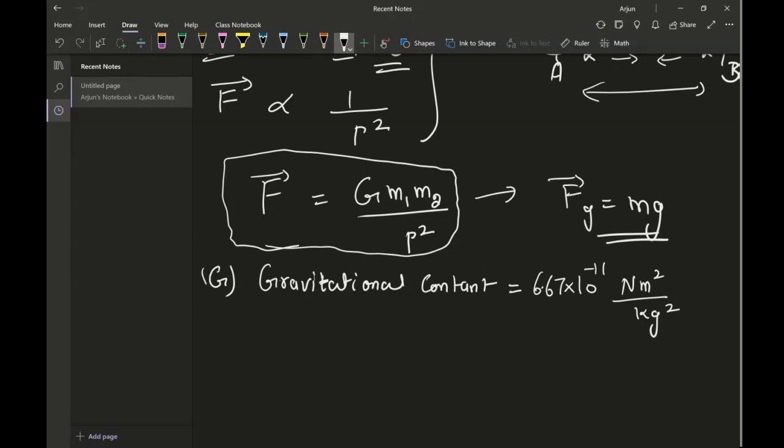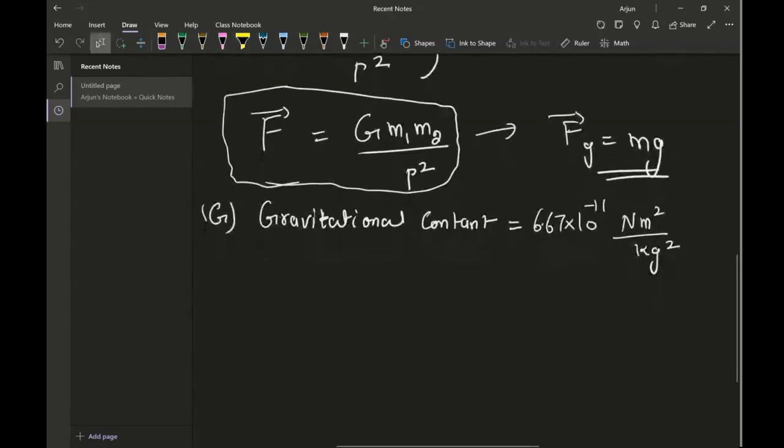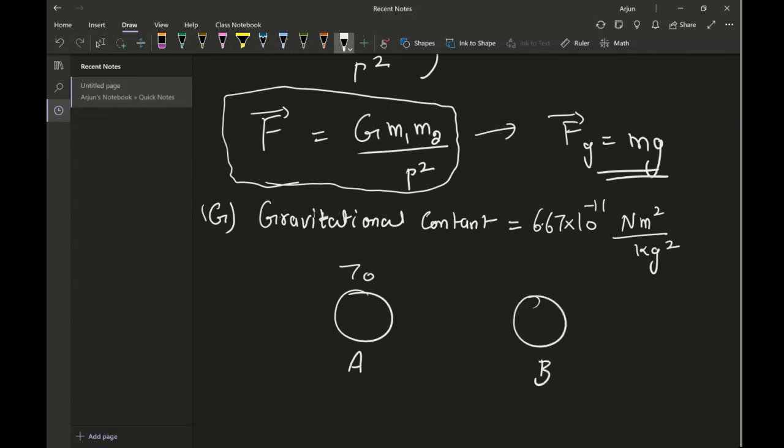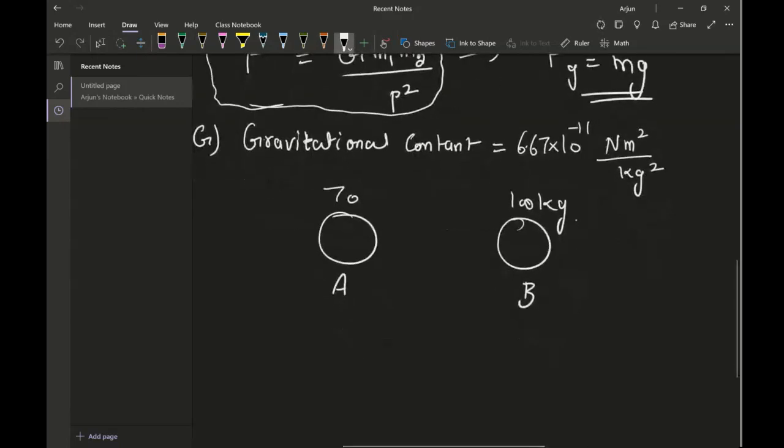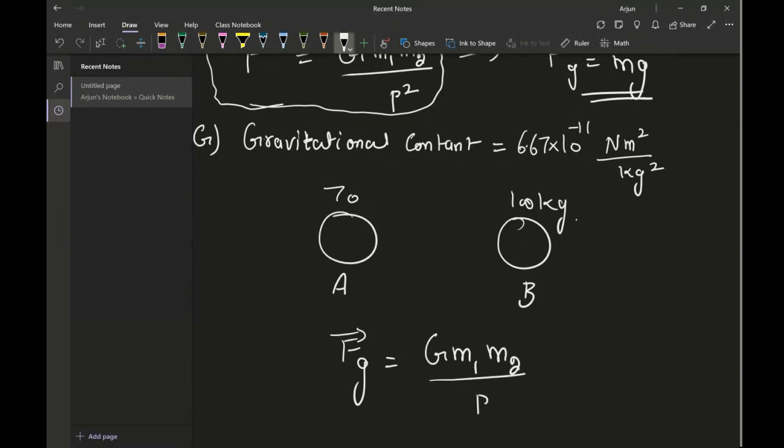Now, once Newton proposed this formula, I'll take a random example first of all. Let's say body A has a mass of 70 kg and body B has a mass of, let's say, 100 kg. I want to find out the force of attraction between the two bodies. That will be Fg equal to G M1 M2 divided by r square.